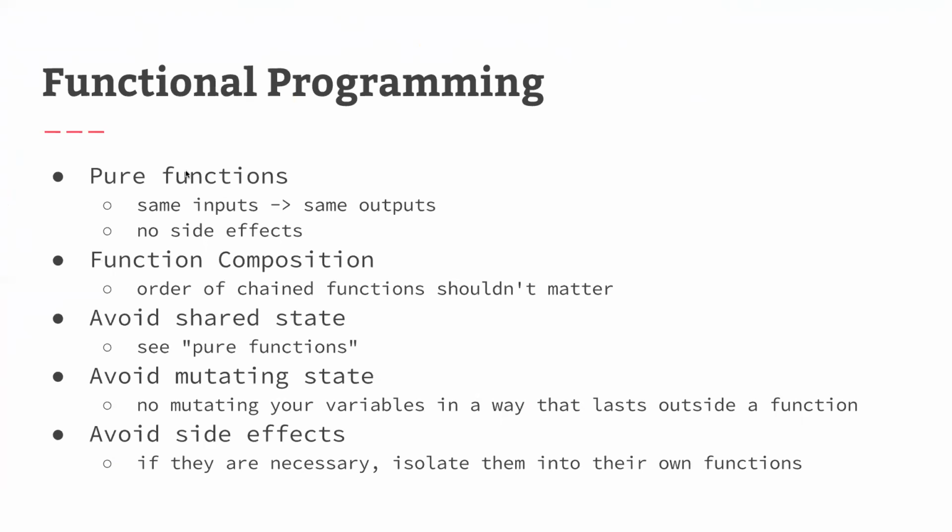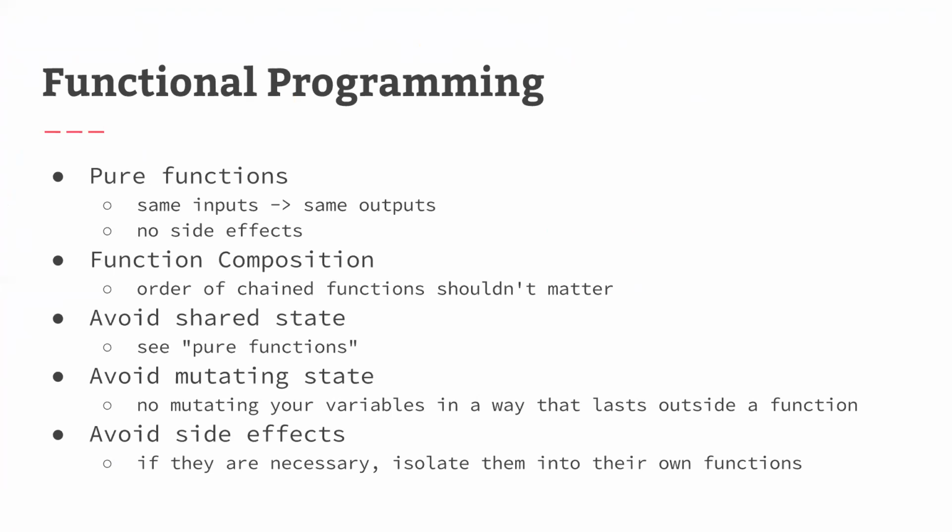So pure functions: if I give it some input and I get a particular output, at any time in the running of the program, if I give it the same input, I should get the same output. That means the function should not have any side effects.